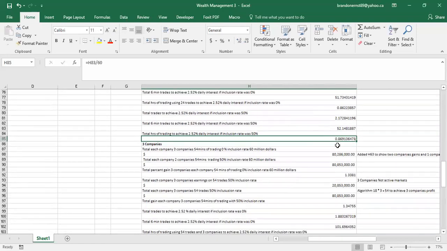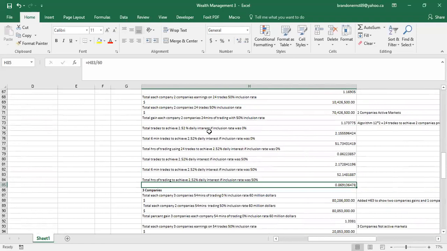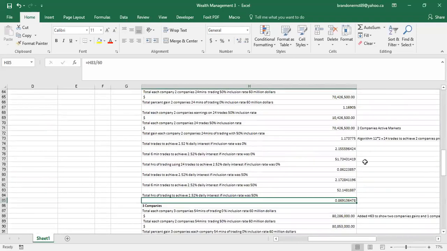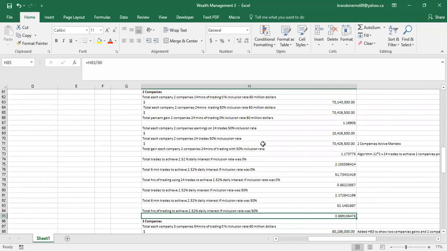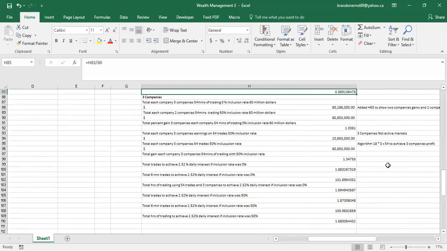It gets a little more complicated, but you can look and see what I've done here with regards to the time and how long it takes. And then you can adjust yours if you want to go through this and make your own algorithm. You can do that too.